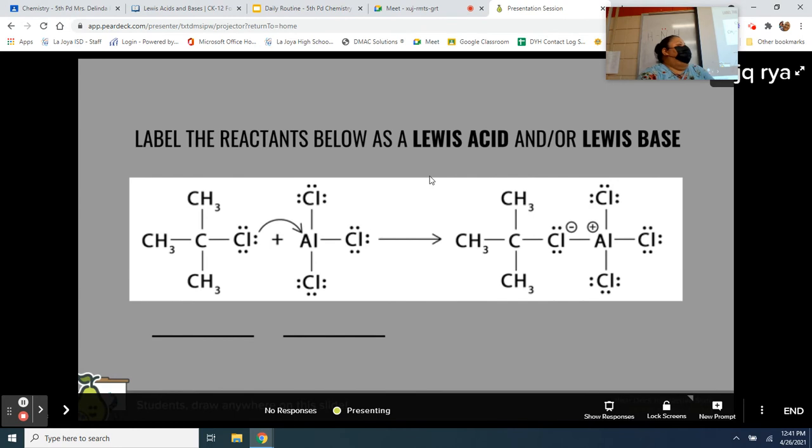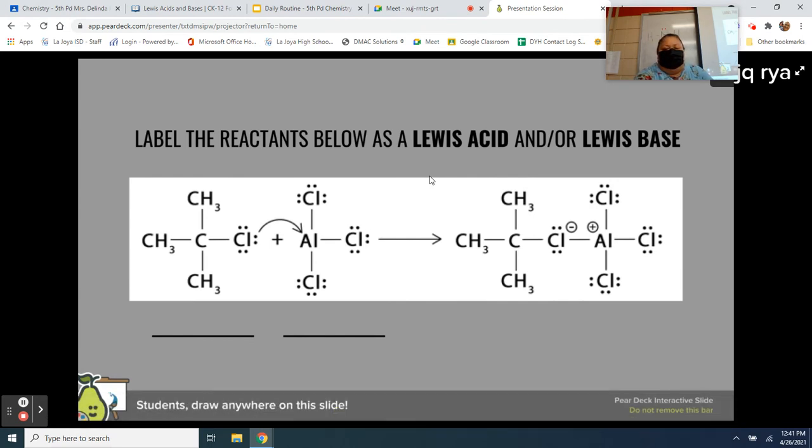Okay. Try this one, everybody. Label the reactants below as Lewis acid or Lewis base. Go, go, go. And you can put LA or LB underneath it, and that way we can see what you mean.